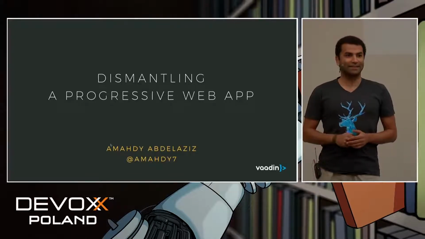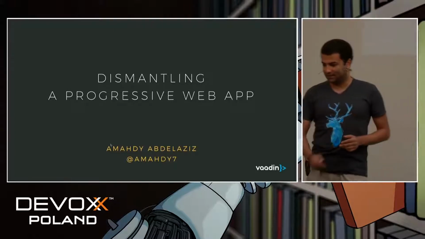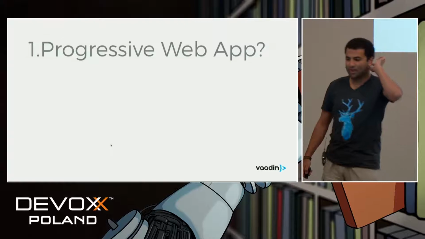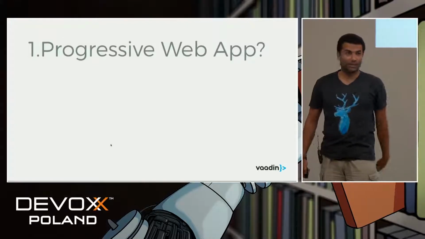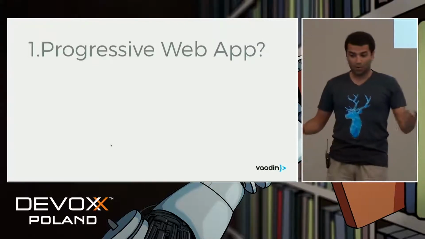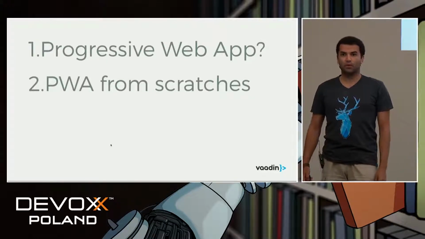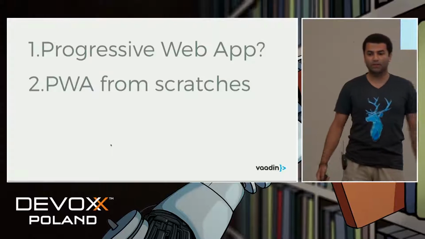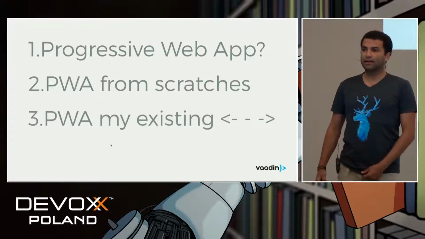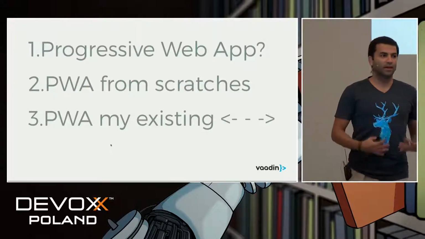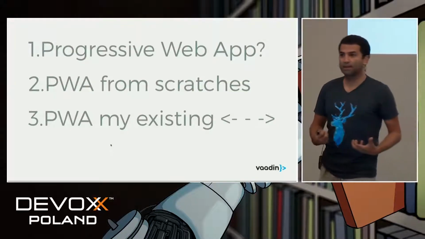My presentation today is going to be about, first of all, what is a progressive web app? Why progressive web app? If you're wondering how can we get a progressive web app from scratch, and then the most important part is actually how to get a progressive web app inside your maybe enterprise level application.